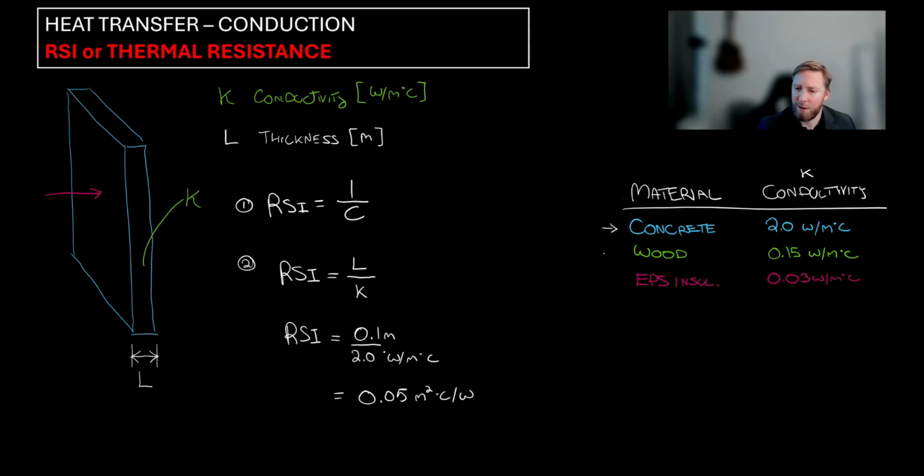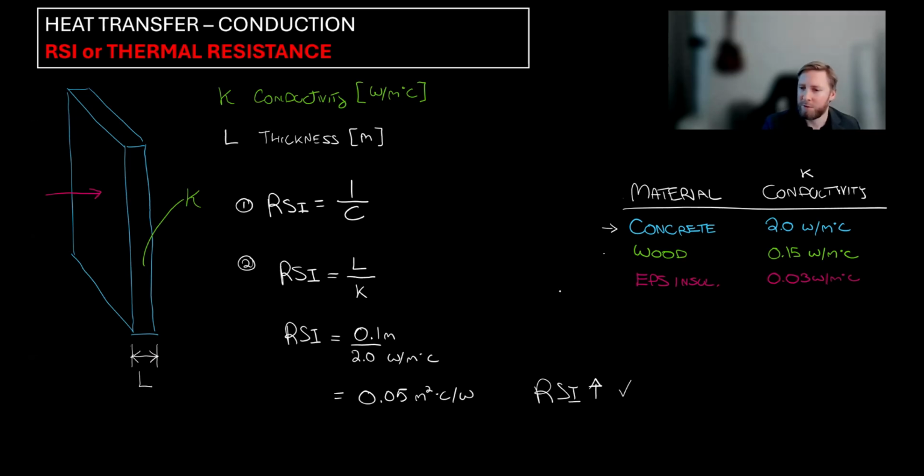The units of this are more challenging to understand, but essentially what it's describing is the material or the separator's ability to resist the flow of heat. So a larger RSI is actually a good thing. We want the RSI to be high.